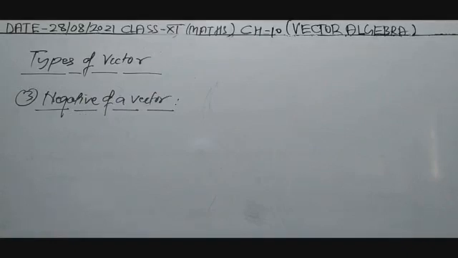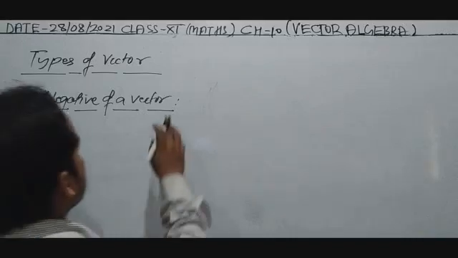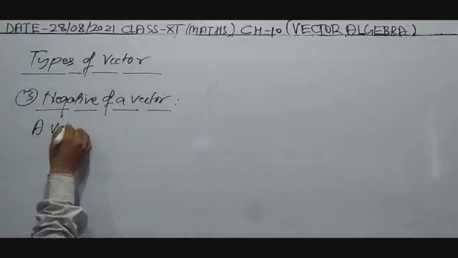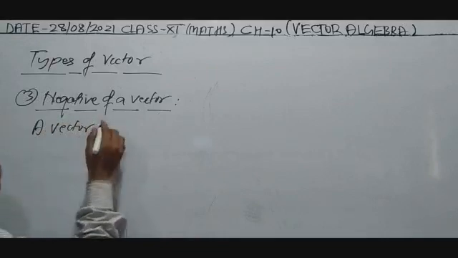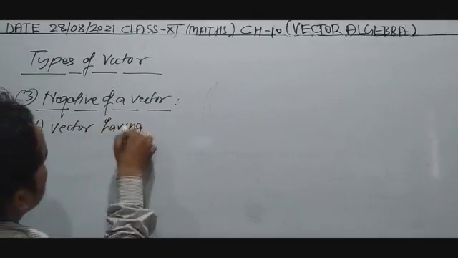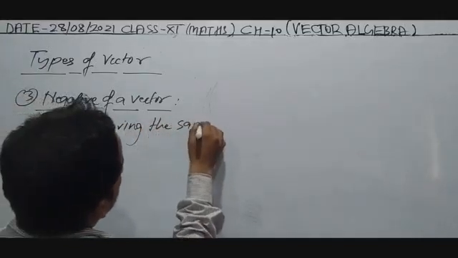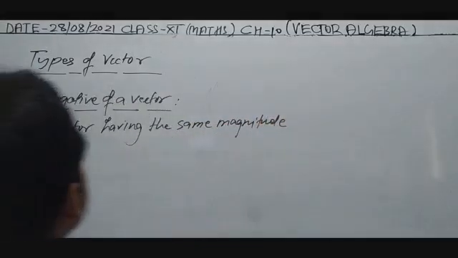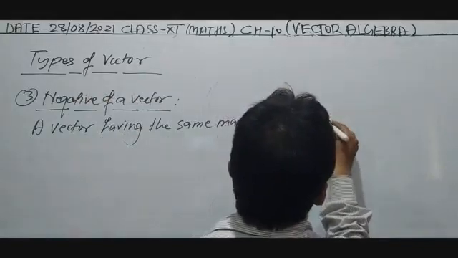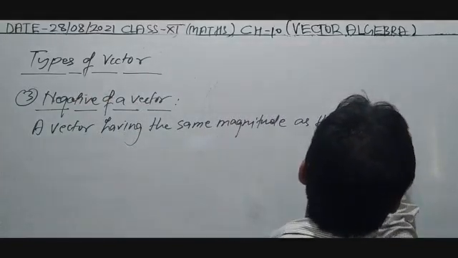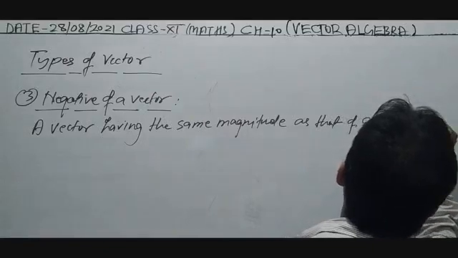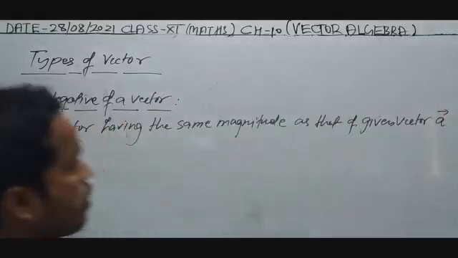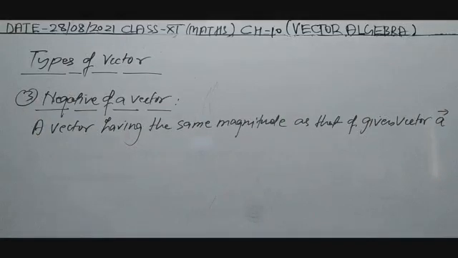Now the negative of a vector is a vector having the same magnitude as that of a given vector A.